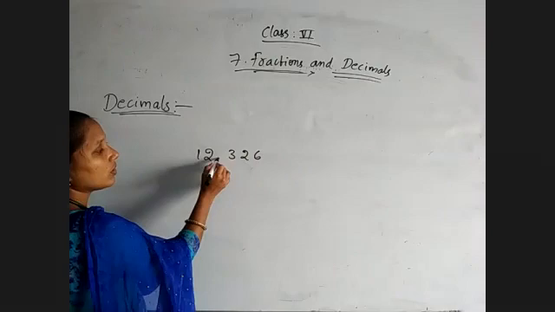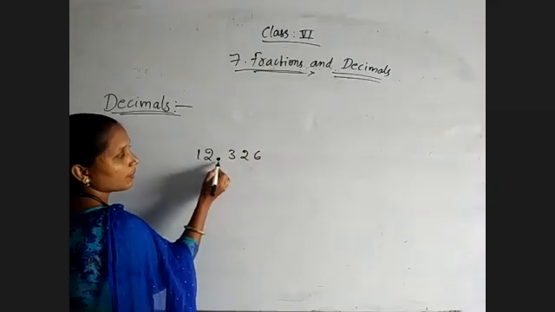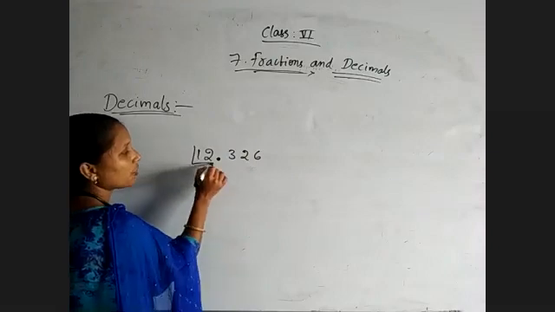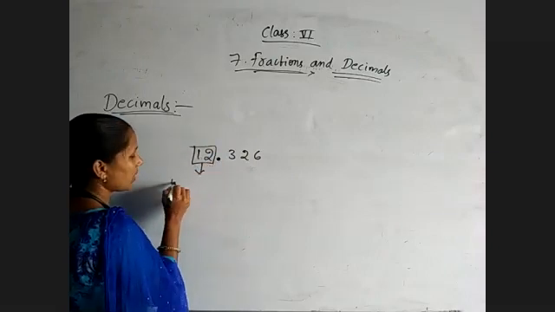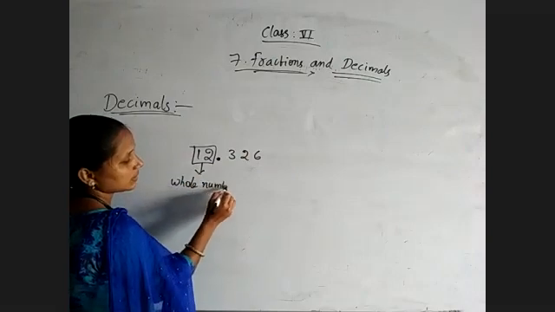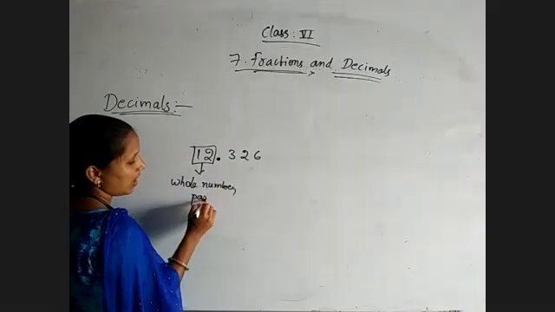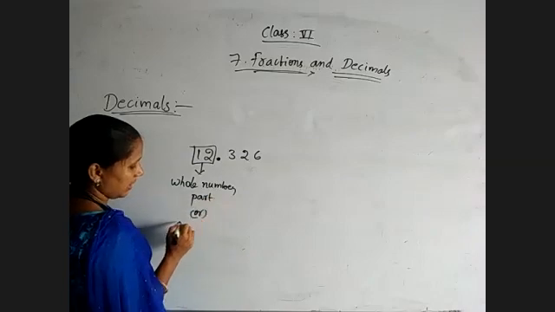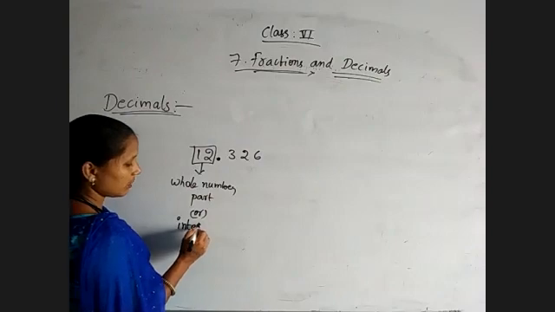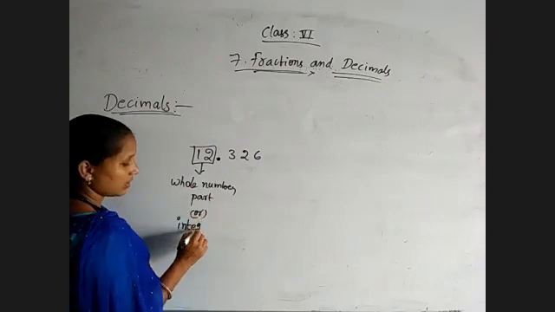Okay. Now, because of the point, 12.326 is a decimal number. Before the point, this part is known as the whole number part or integral part. Why? Because it is an integer also. 12 is an integer.